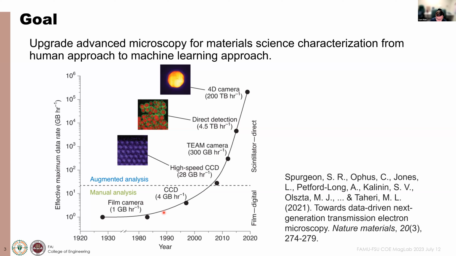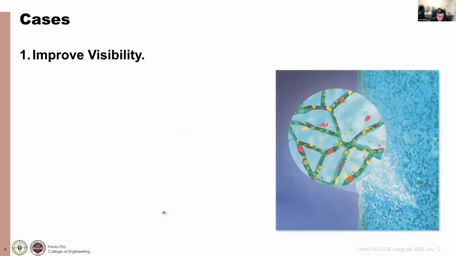So what we are trying to do here is resolve this issue so that we can analyze the data in a relatively efficient manner, but also improve visibility. I will show three different perspectives through our method.